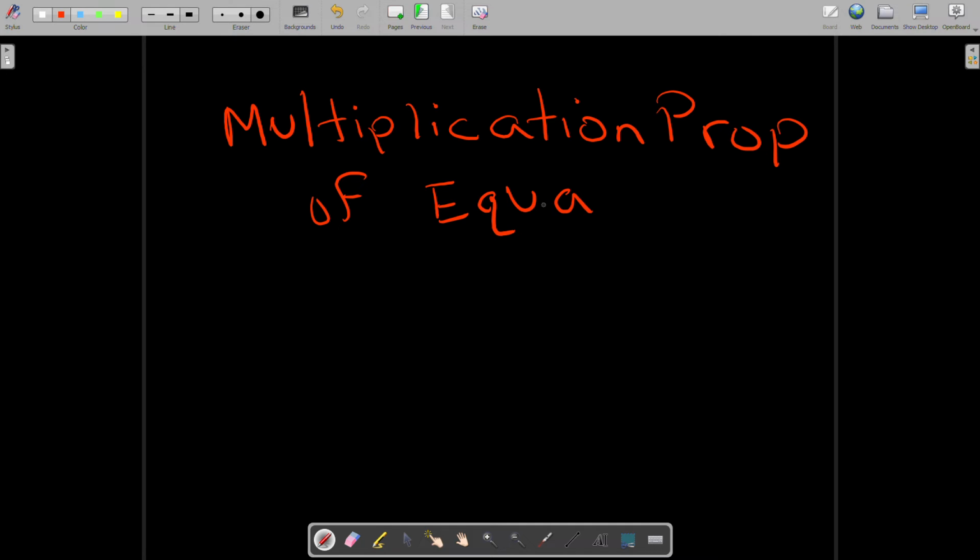So basically this means if A is equal to B, same way, then A times C has to be equal to B times C. Now this works too.